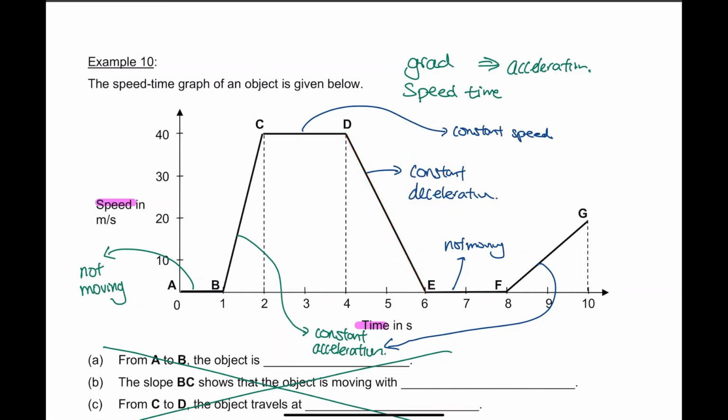EF is the same as AB. It is not moving. And BC compared to FG, we know that they are both with constant acceleration. It's just that the constant acceleration value of BC is larger than that of FG because BC is steeper.